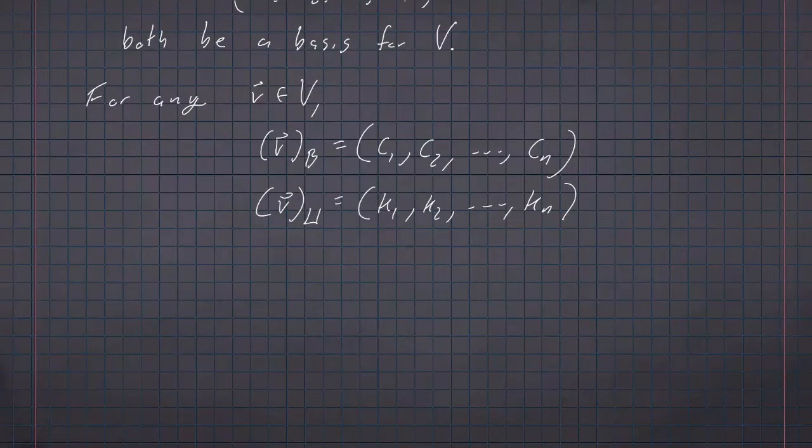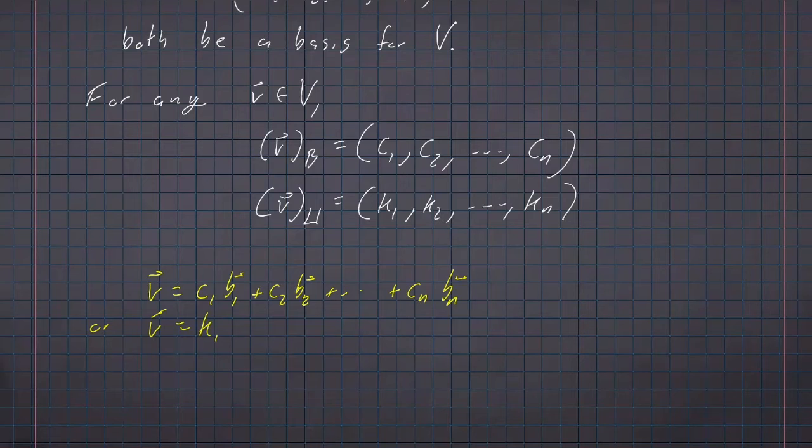And of course, we know that the purpose of these ordered n-tuples is that we can write V as C1b1 plus C2b2 and so on. So that's the purpose of the ordered n-tuples.